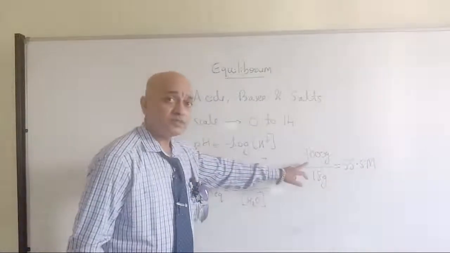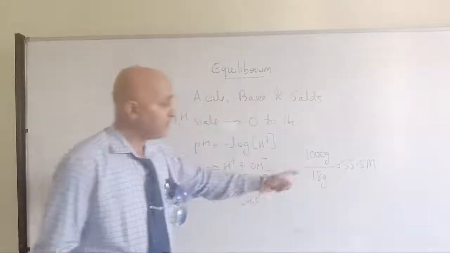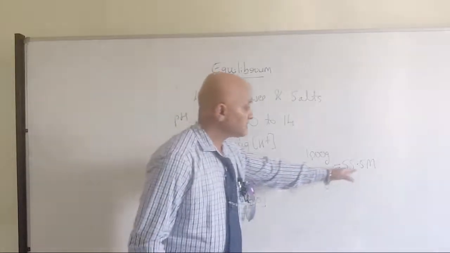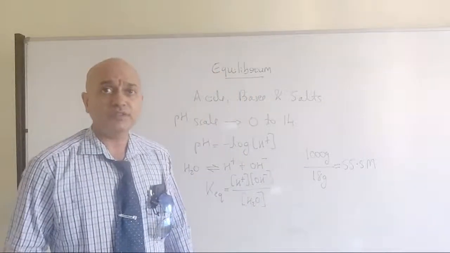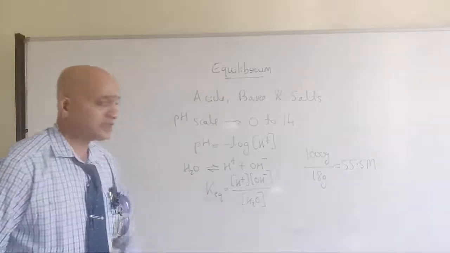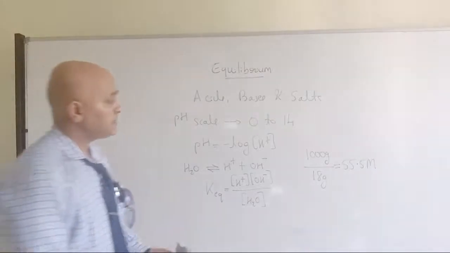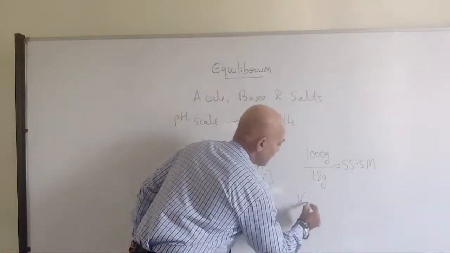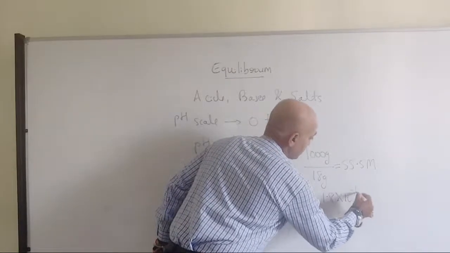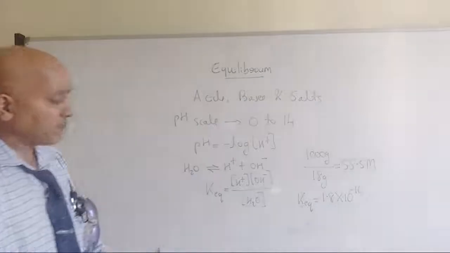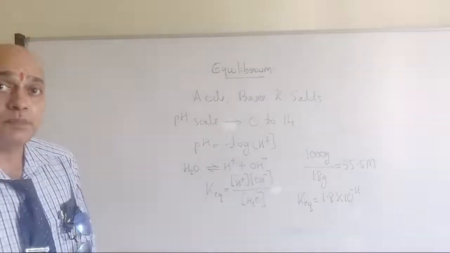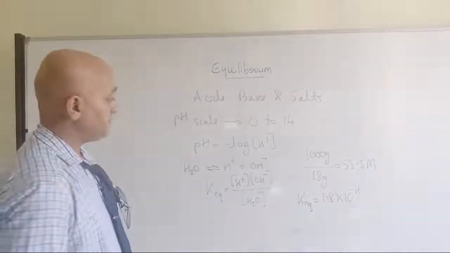So 1000 gram in 1 liter. So 1000 gram given mass divided by the molar mass gives the moles, 55.5 moles. So that is the concentration of water. Now the equilibrium constant they have calculated as 1.8 into 10 to the power of minus 16.